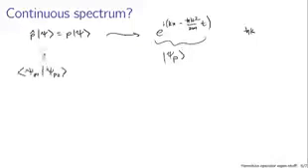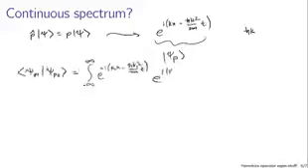Well, if you write this out in the language that we've been working with so far, that of wave functions, this is going to be the integral from minus infinity to infinity of this sort of expression. First of all, I've got psi sub p1 complex conjugated, so that's going to be e to the minus i(k1 x minus h bar k1 squared over 2m t), multiplied by e to the plus i(k2 x minus h bar k2 squared over 2m t).